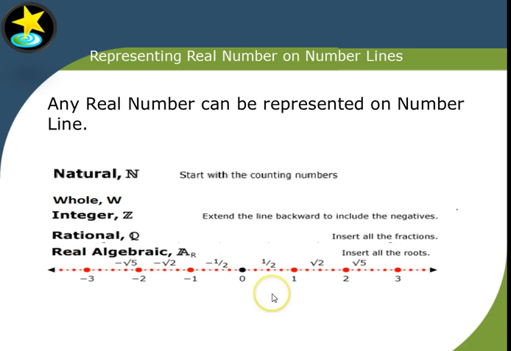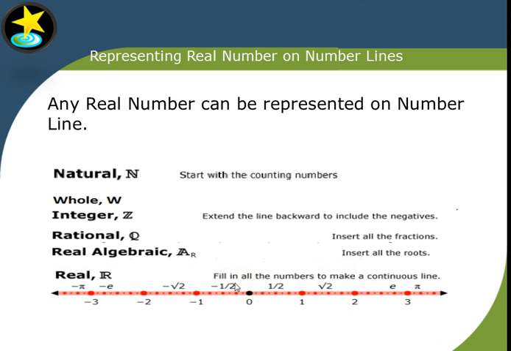Further, if you add all roots within that number line, what you get is real algebraic numbers. So for example, root 2, square root of 5, square root of minus 2, square root of 5 has been added to the number line. And that's how we get the real algebraic values, also represented on the number line.